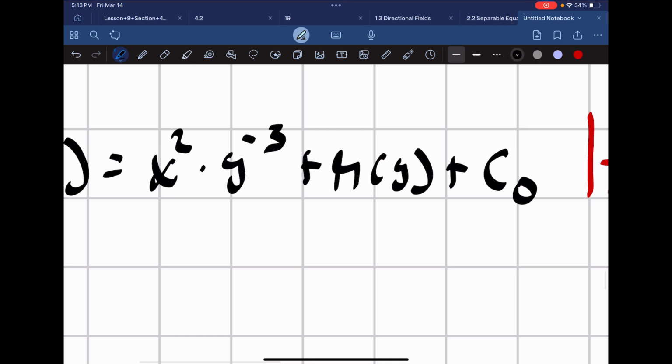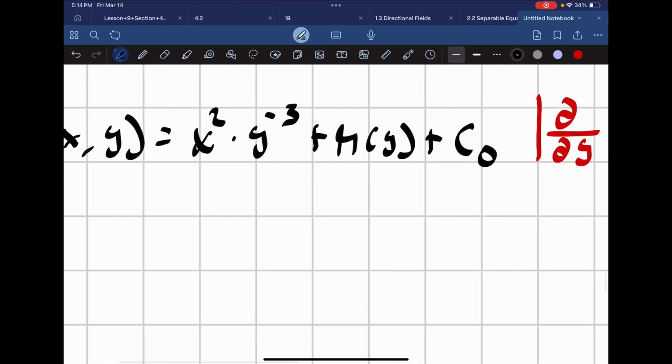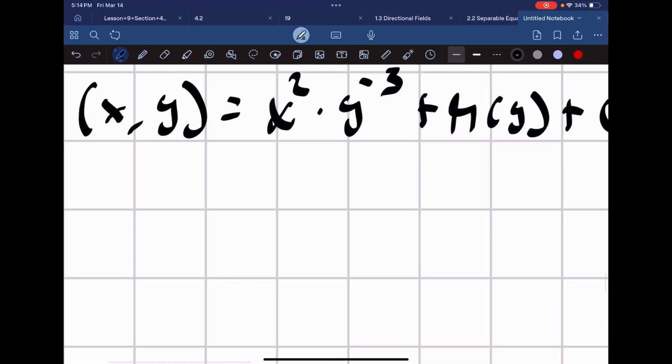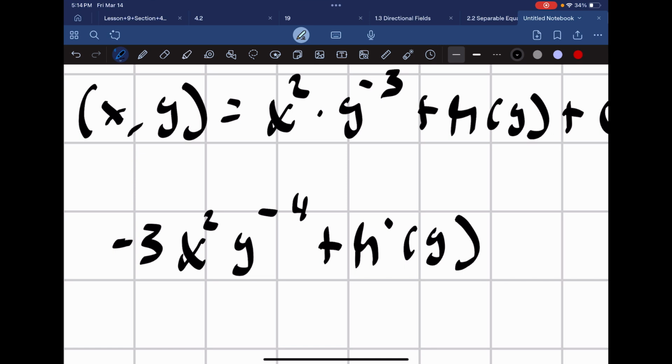Doing that, we could eyeball it. With respect to y, x squared is a constant, so that goes out, and we find the derivative of y to the -3. That would just be -3 y to the -4, plus h prime of y, right?